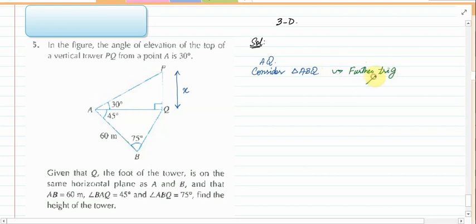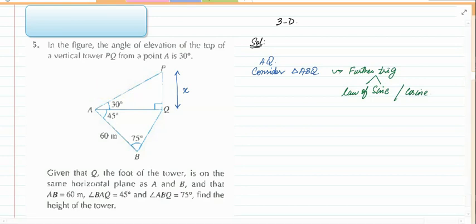In further trigonometry, we are going to decide whether we are going with law of sine or law of cosine. We need to finalize it, right? Now two angles are known. It means that if I add these two angles and subtract from 180, I will get my third angle, right?